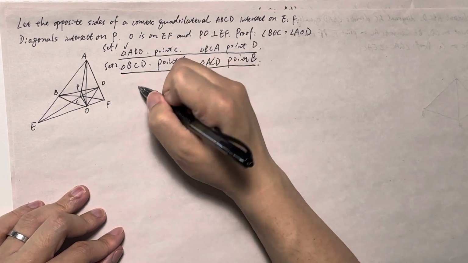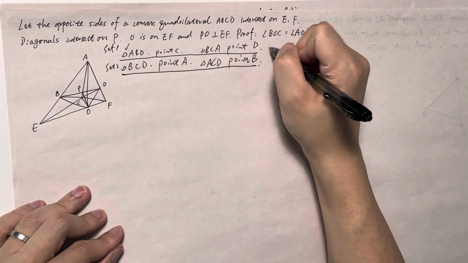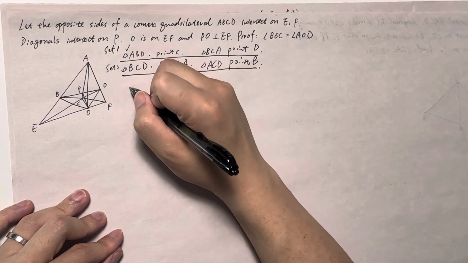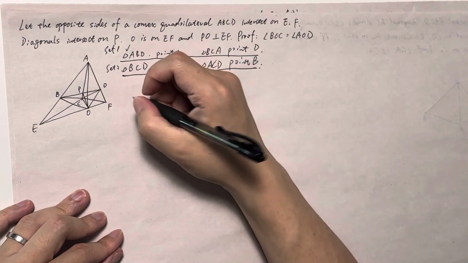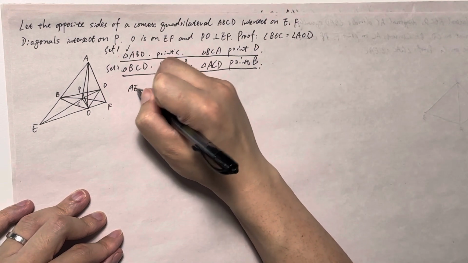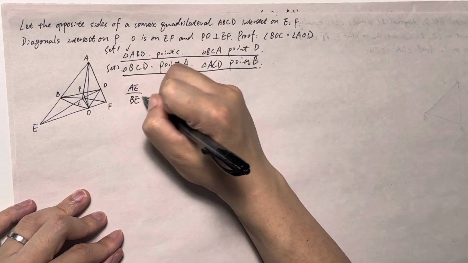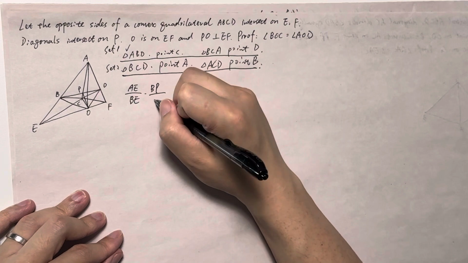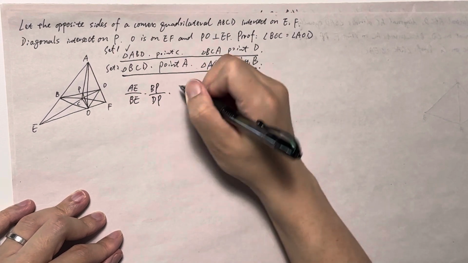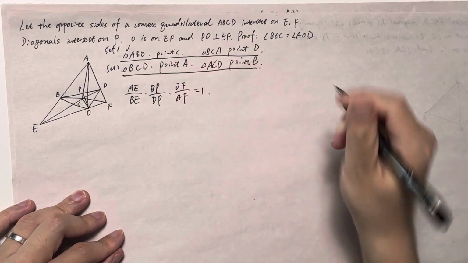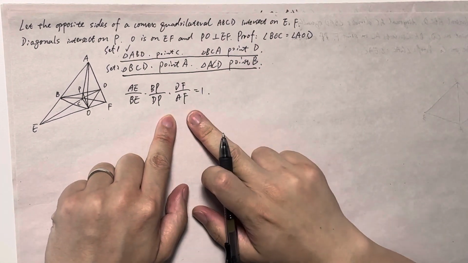So we use this first, and then we can do the second one. So we have AE divided by BE times BP divided by DP times DF divided by AF equals 1. This comes from the Ceva theorem.